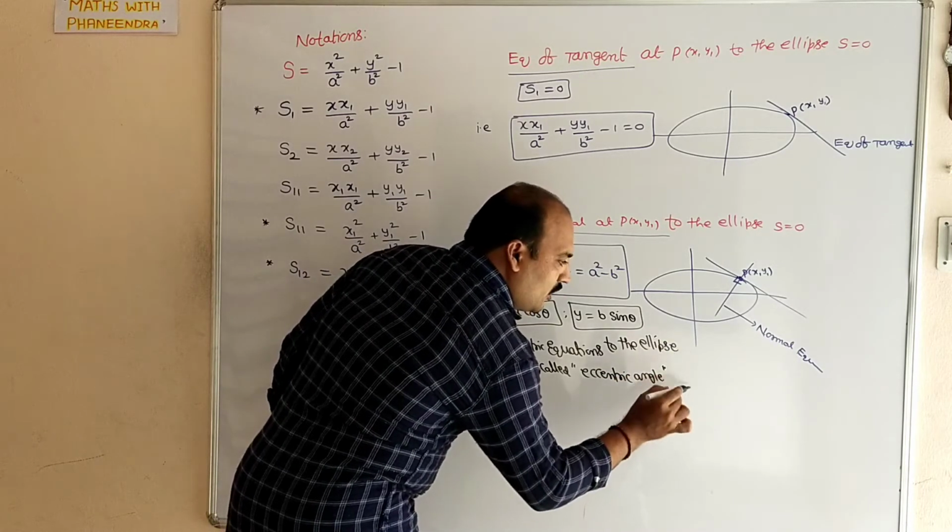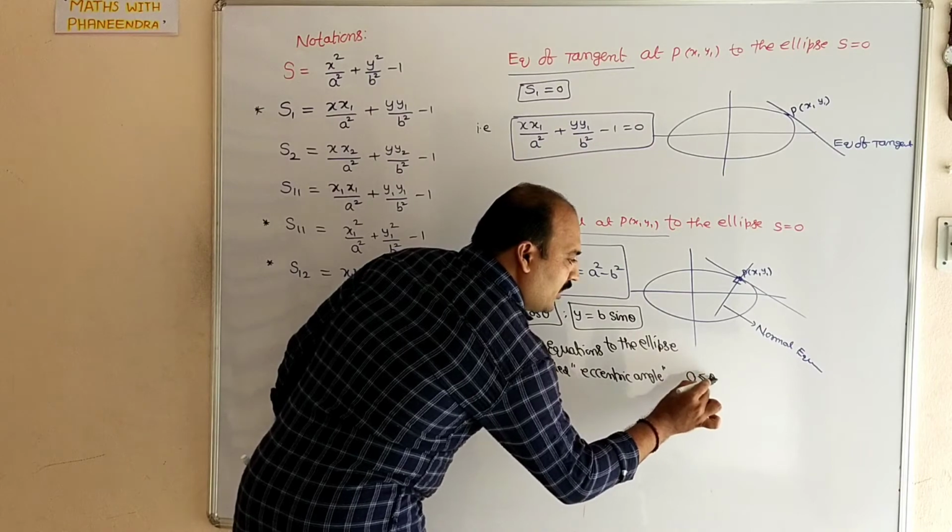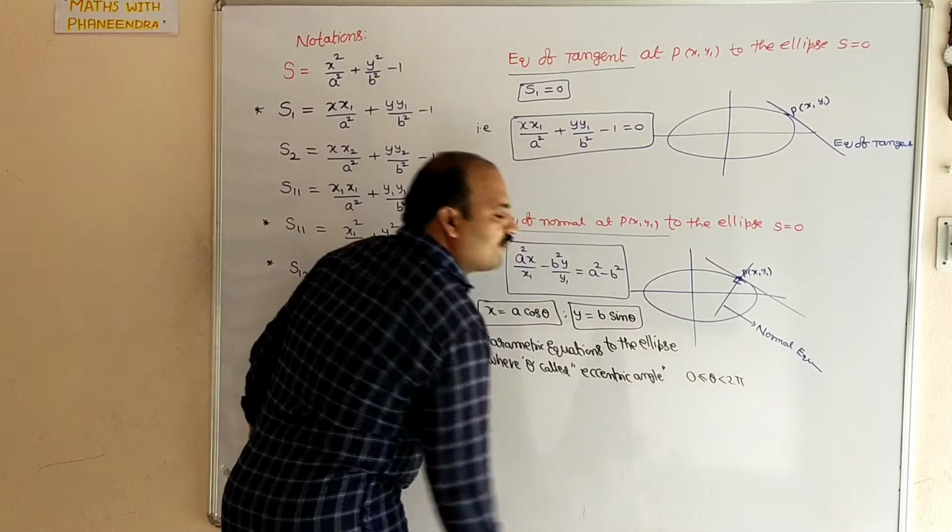The theta value lies between 0 less than or equal to theta less than 2 pi.